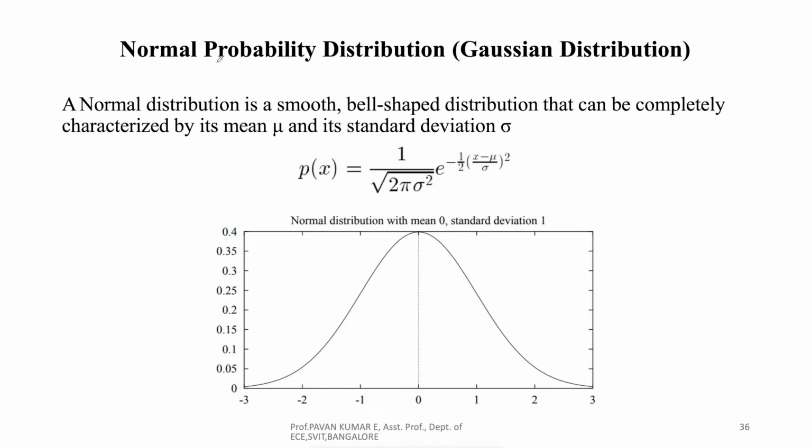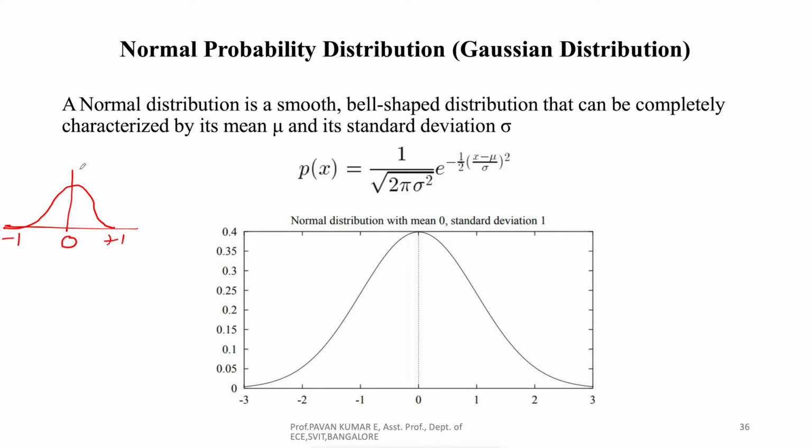And your normal probability distribution. We know the Gaussian function. I used to tell you a lot of examples on Gaussian, because Gaussian is a very important curve which gives output on the positive side or the negative side, keeping the origin as 0.